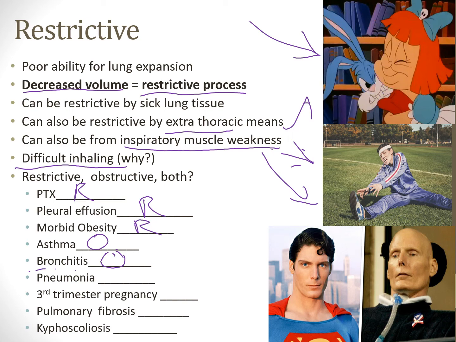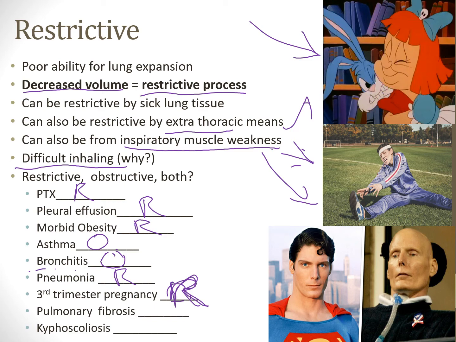Pneumonia, we've already talked about this one. There's massive swelling of the respiratory zone that restricts it from being expanded. So this is going to be restrictive. Third trimester of pregnancy. This is a good one. In general, this is going to be restrictive, because it's the baby pushing against mom's diaphragm.